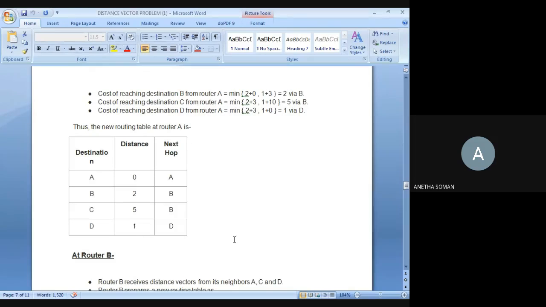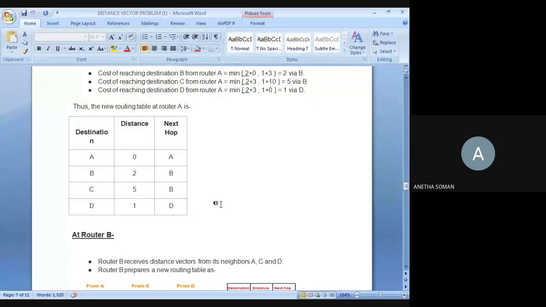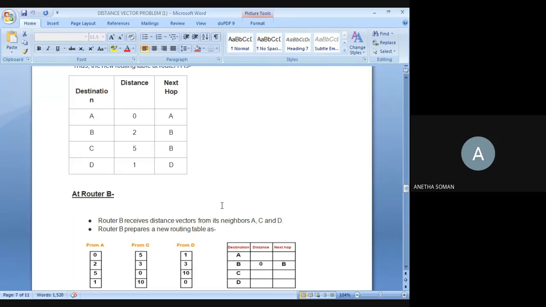Now, similarly, you find it out for router B. Now, who are the neighbors of router B? A, C, D. Okay. Now, find out what are the vectors that they are sharing to router B. It will be 0251 and 53010 and also 13100.